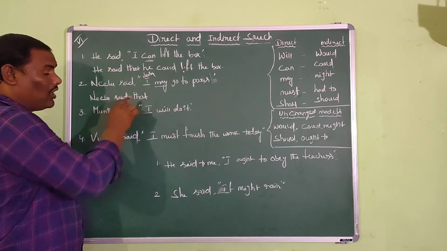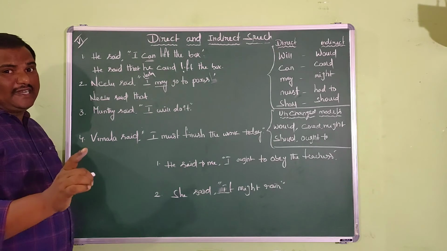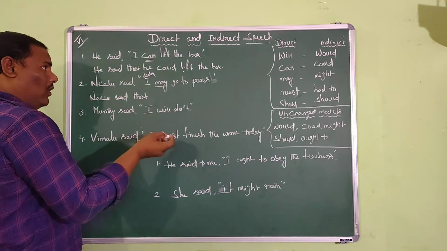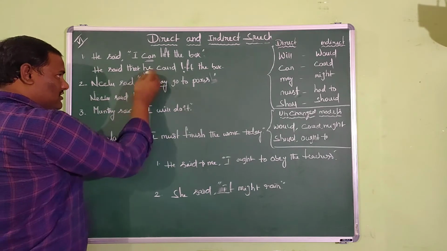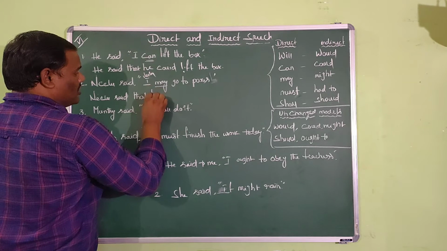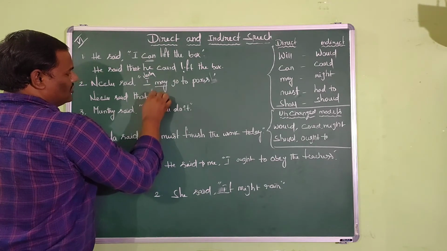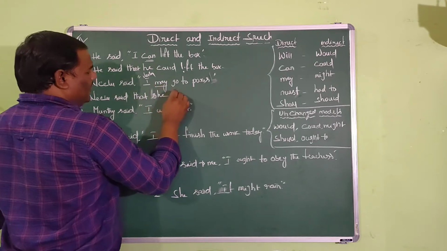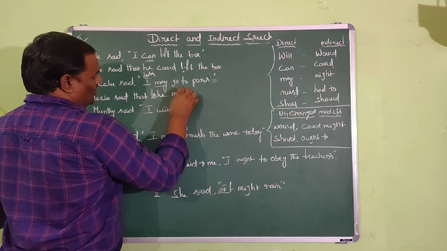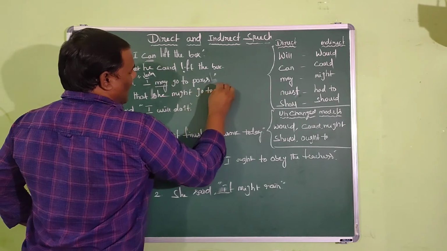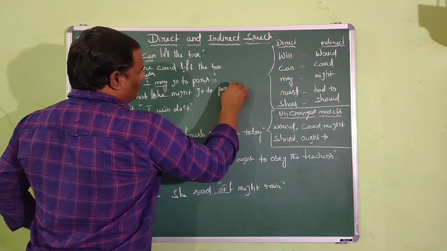The proper noun should not be repeated two times in a single sentence. Right? So, instead of writing the proper noun, I want to convert this Neelu into its pronoun. As it is feminine, it can be changed into she. Neelu said that she may is changed into might. She might go to Paris.